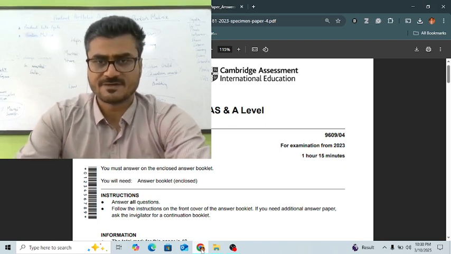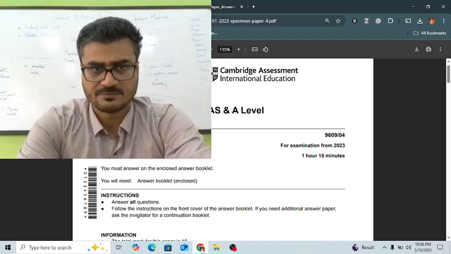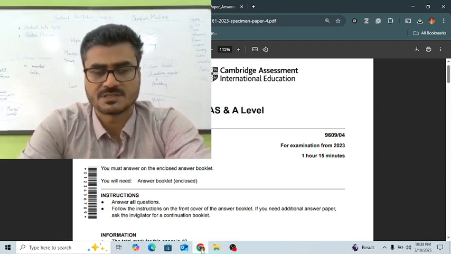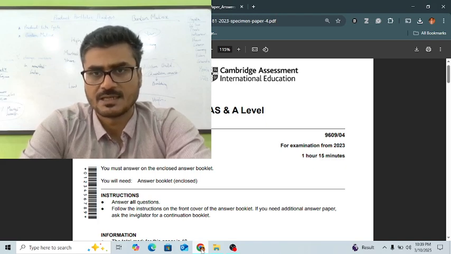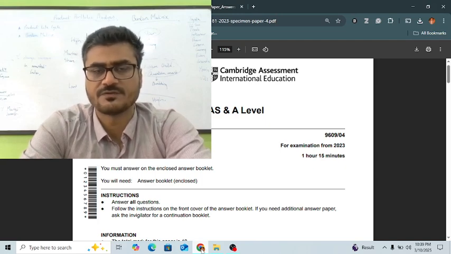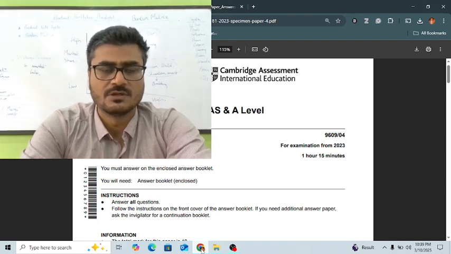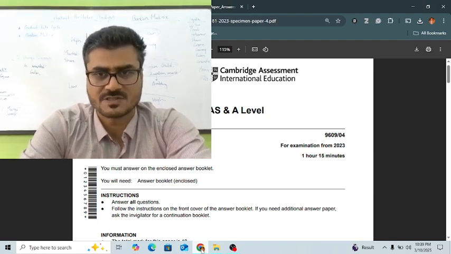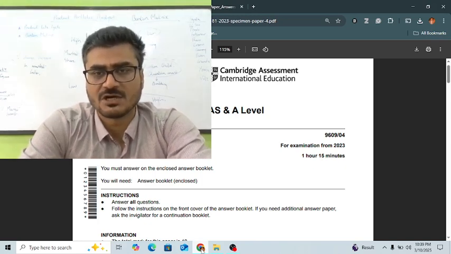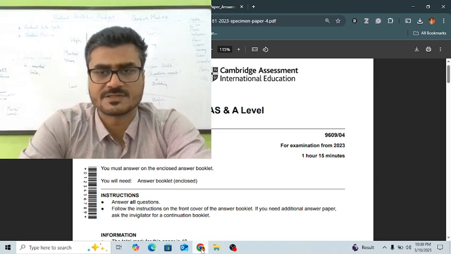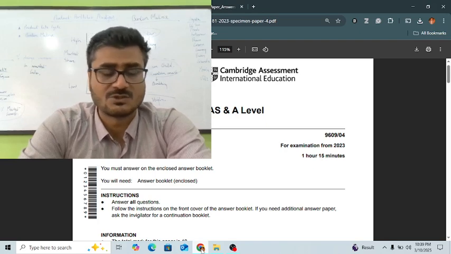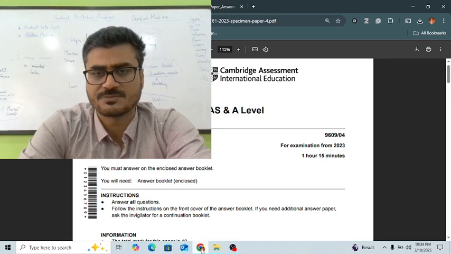So upfront we have a specimen paper. We can see that this is paper 4, and paper 4 is based on business strategy, and it consists of 40 marks, and 40 marks are further divided into two 20 marks questions, and both questions are obviously compulsory. We have got 1 hour and 15 minutes to attempt these two questions, each comprising 20 marks.